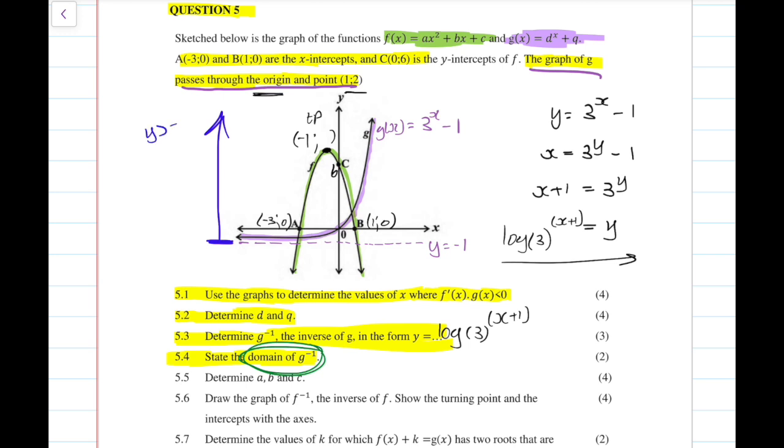Now you know that when you're going from original to your inverse, your domain and range swap. So whatever was the range for the original now becomes the domain for the inverse, which means here the domain is x is an element of real and x is greater than minus 1. Not y is greater than minus 1. X is greater than minus 1.